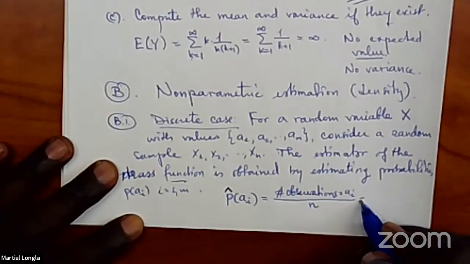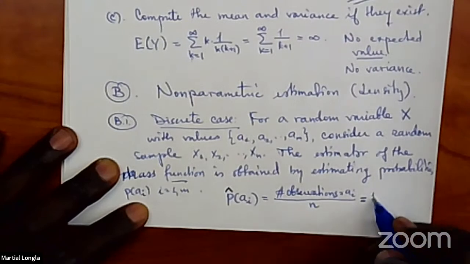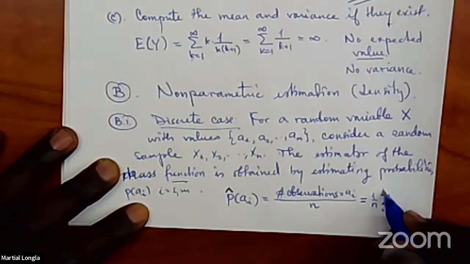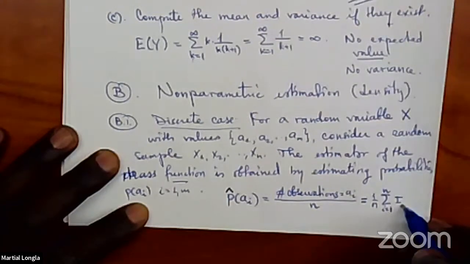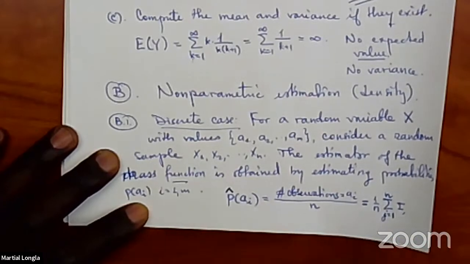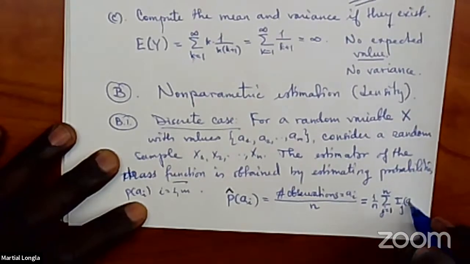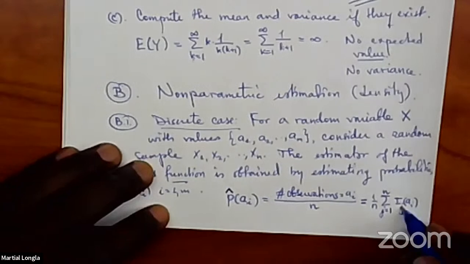And a fancy way of writing this is to say that it is 1 over n, sum j from 1 through n of I of Ai of xj. It doesn't matter how you call it.